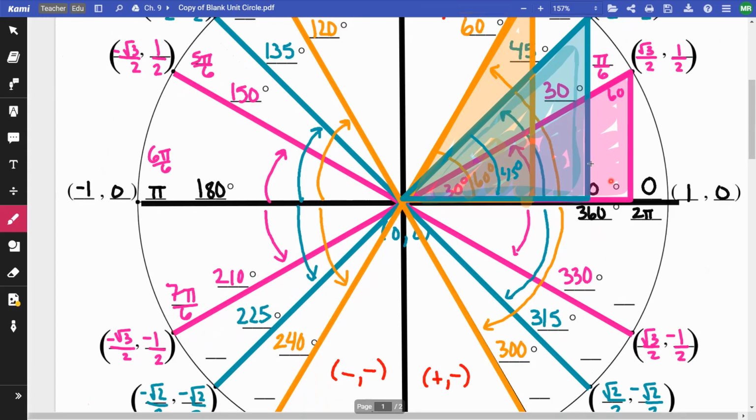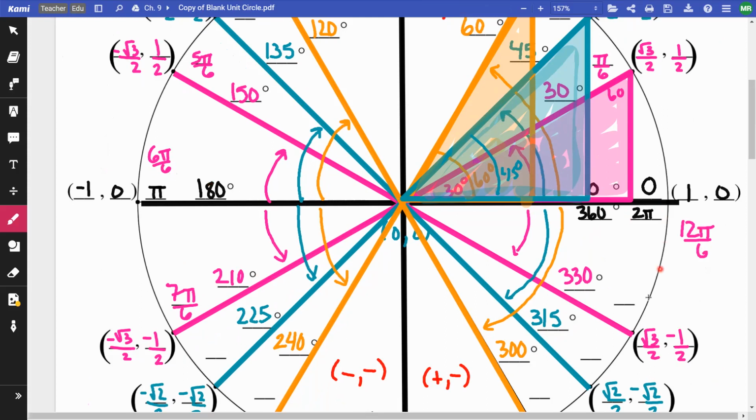Now, if this is 6 pi over 6, which is really pi, and I have another 6 pi over 6, that would really make this, and again, I'm going to erase this in a minute, 12 pi over 6, because 12 over 6 is 2. So I'm thinking of all of these as sixths.